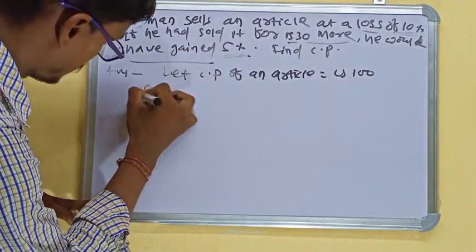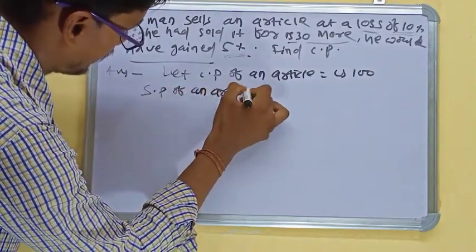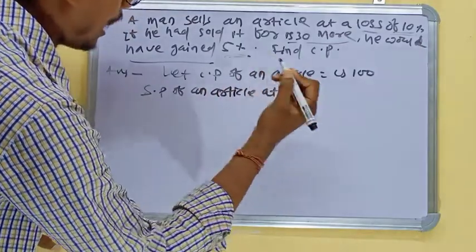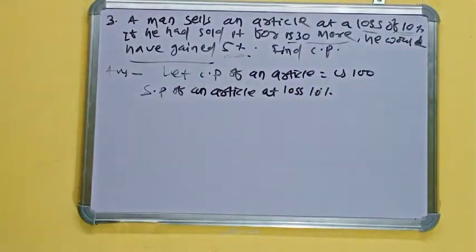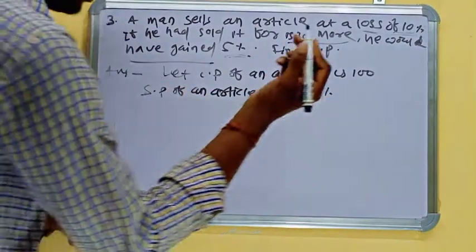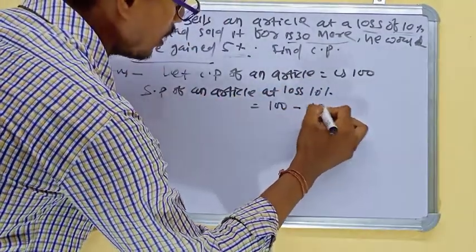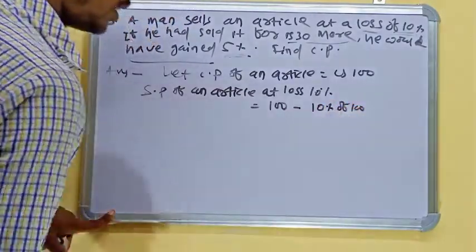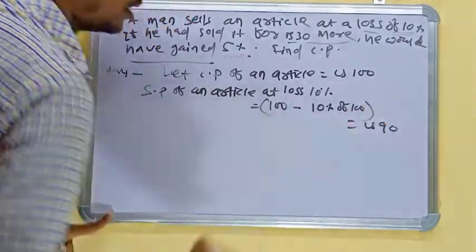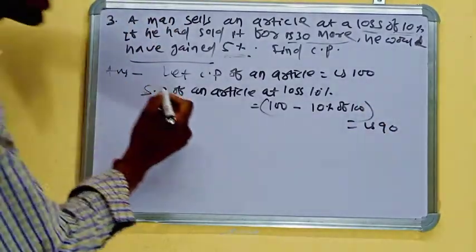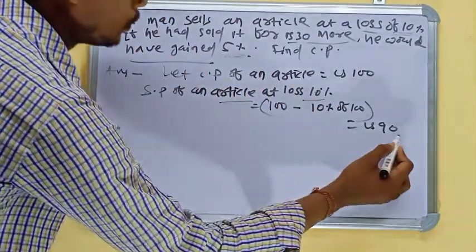Then the SP of an article at a loss of 10% is equal to 100 minus 10% of 100, which is equal to rupees 90. Then the SP of an article at a loss of 10% is rupees 90.